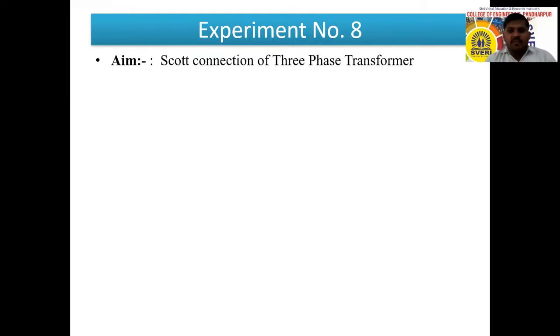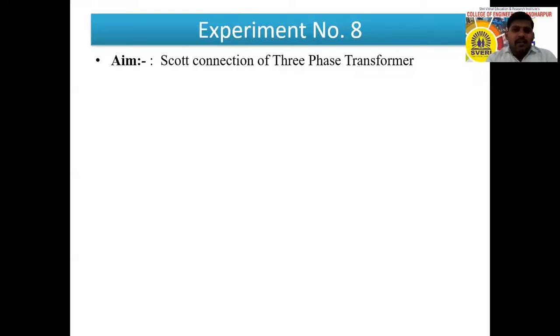But do you know that our generation is always in the form of three-phase. There is no generation in the form of two-phase. So we are generally not using two-phase to three-phase conversion; we are using three-phase to two-phase conversion.